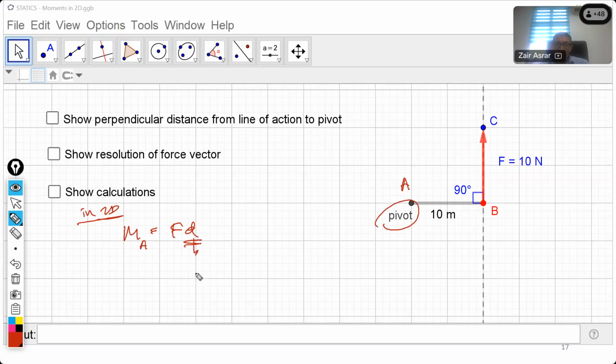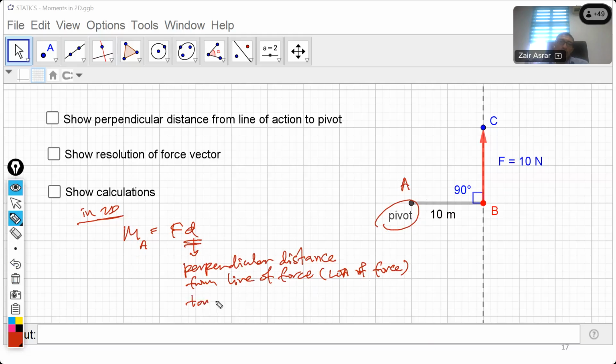D needs to be a perpendicular distance from the line of force, or some people also call this the line of action of the force, towards the point of moment. Such a lengthy description for D.